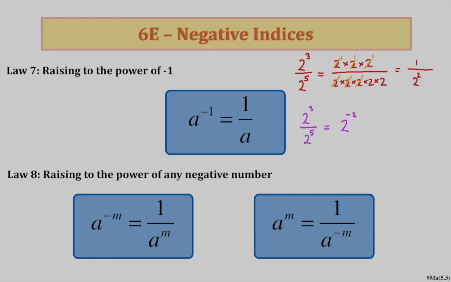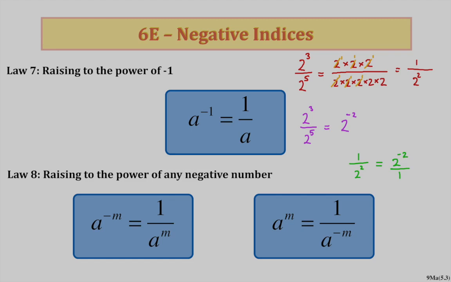And there's another way of writing the answer. So what that's actually saying is this: 1 over 2 squared is actually the same answer as 2 to the power of minus 2. Now, you can think of that as 2 to the power of minus 2 over 1.